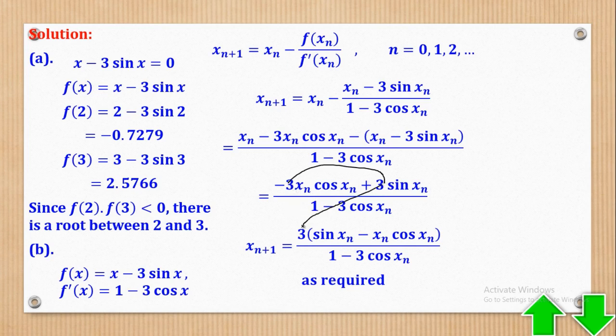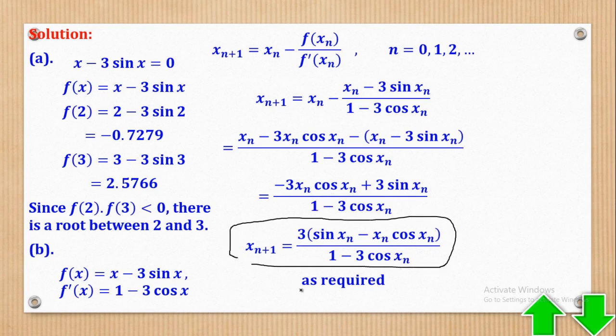Then I'll begin with a positive expression, so I put the positive sign here, and this negative cos xn I'll put there. If you look at it, this is the very expression which was given in the question, so that's what we are putting here as required.